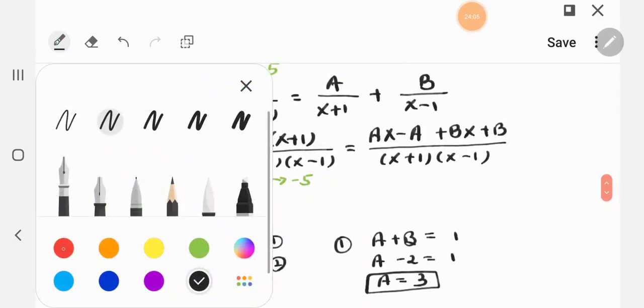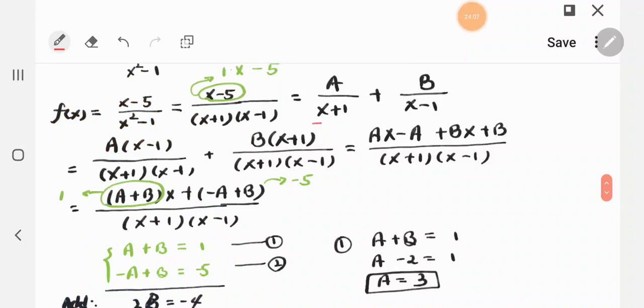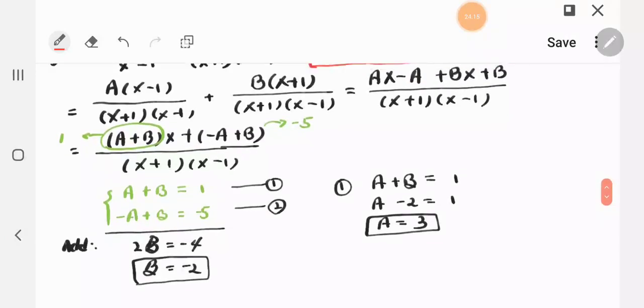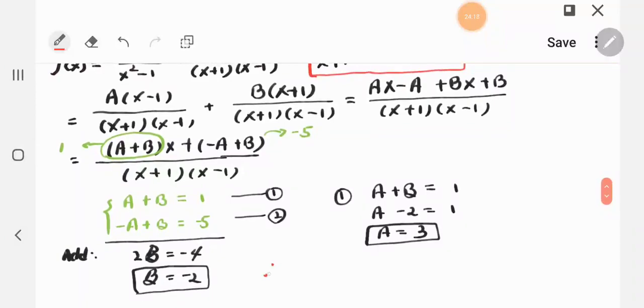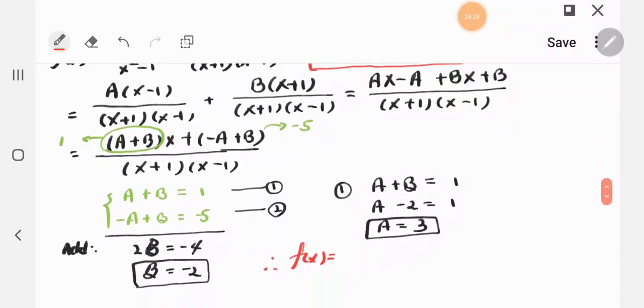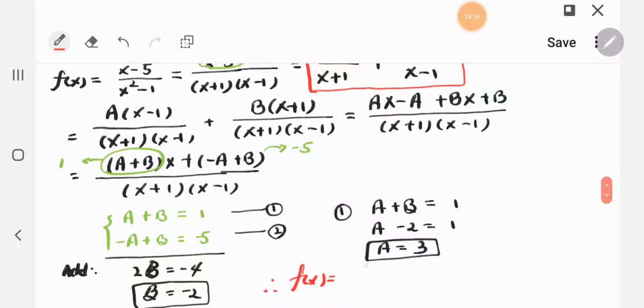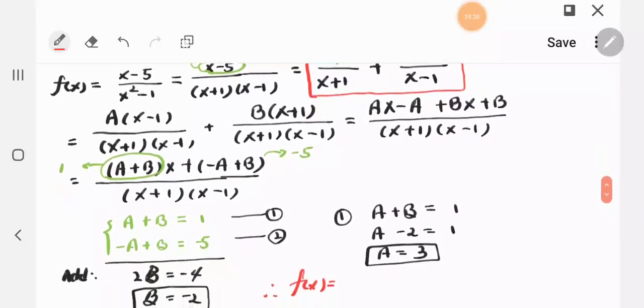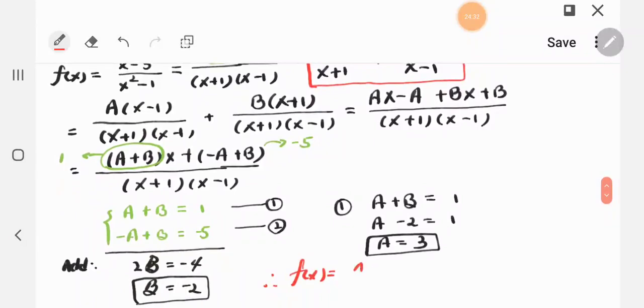Okay, so our original, this is the partial fraction decomposition. And then we will replace this a and b. So the answer will be, okay, let me write it over here. So f of x will be, a is 3.